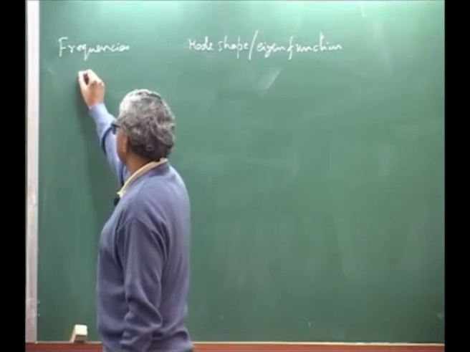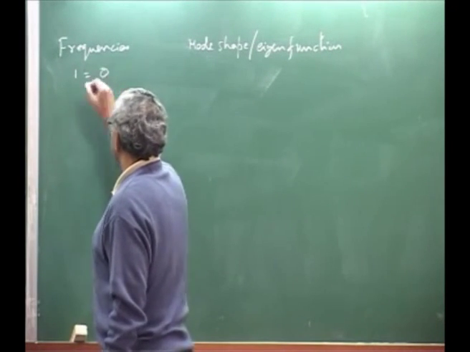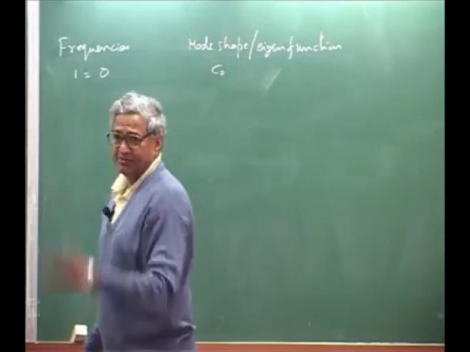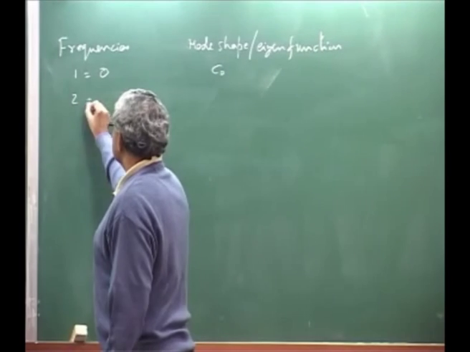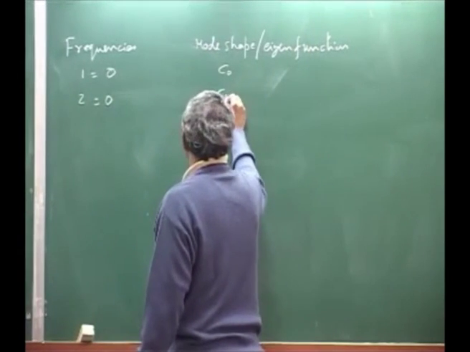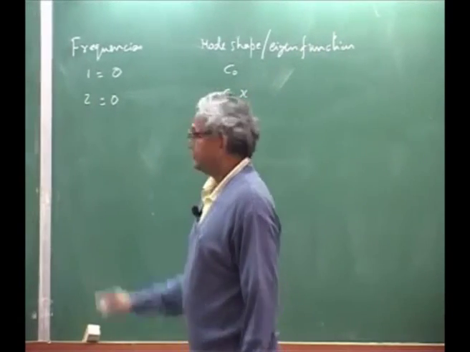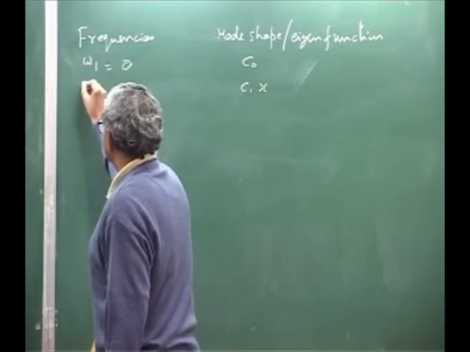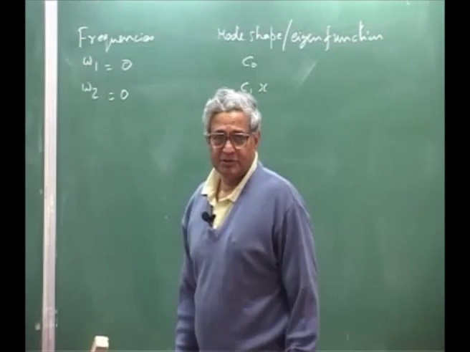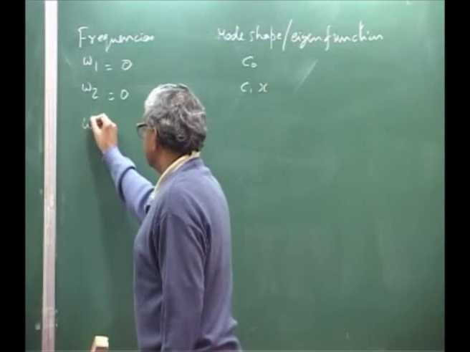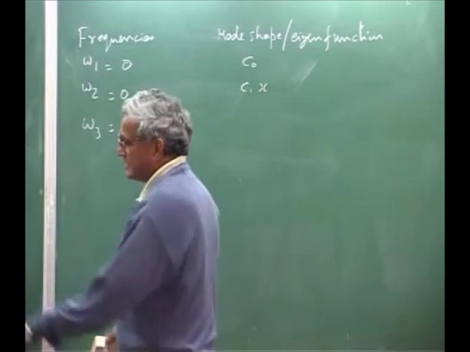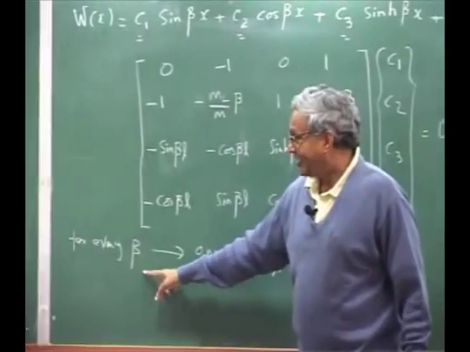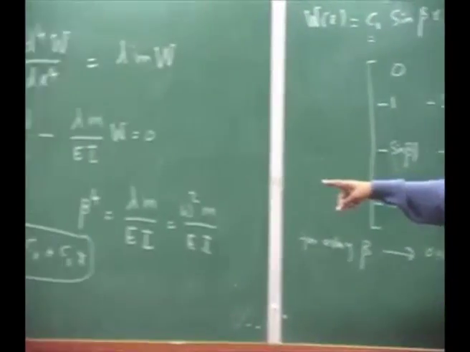First frequency, I may say this value is 0. This is C naught. Everything is moving up and down. Second frequency, that is also 0. This is C1x. Because second frequency, you may say omega 1, omega 2. When I go to omega 3, I have to get it from beta 3.